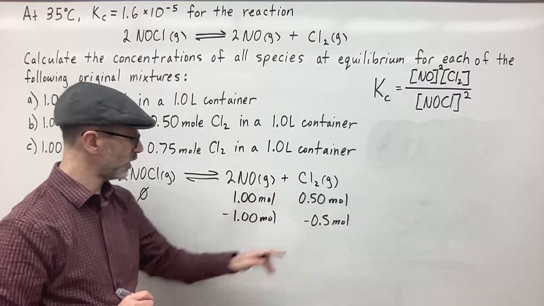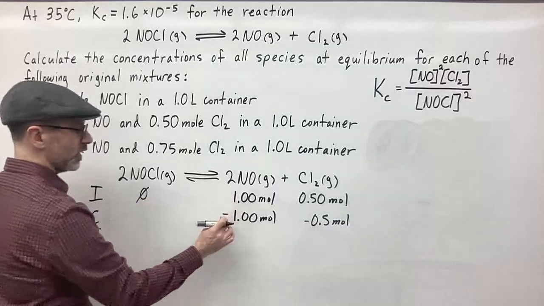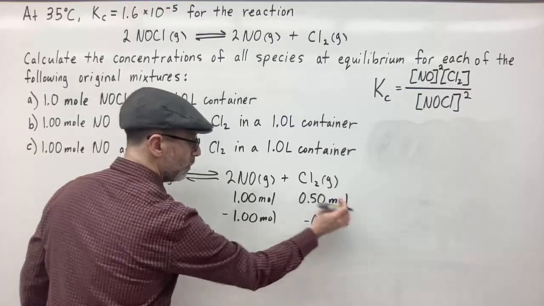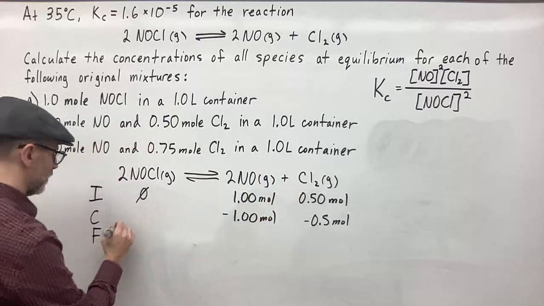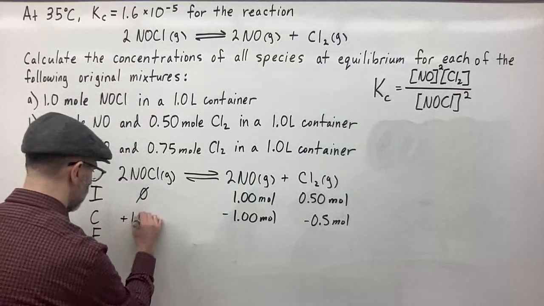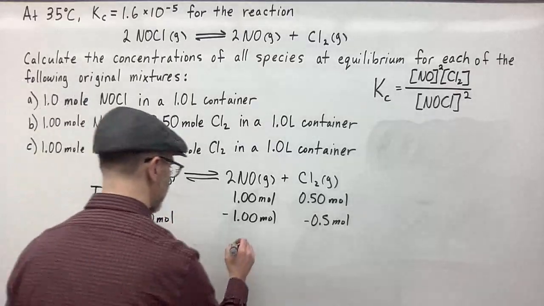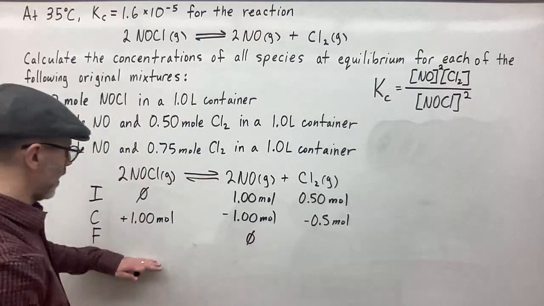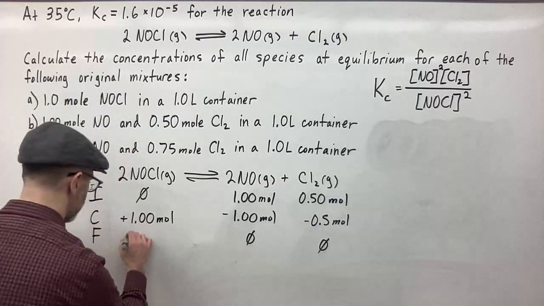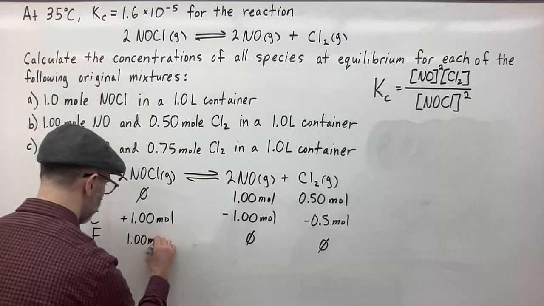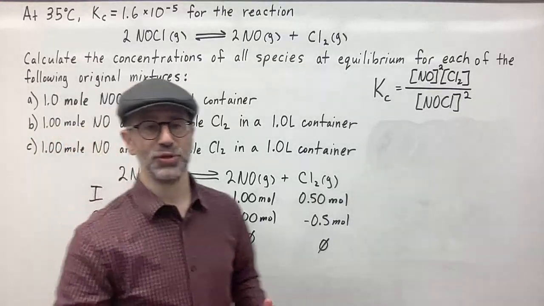So since we are losing 0.5 moles here, and this is 2-to-1, we're also going to gain 1 mole there. So we end up with 0 here for the final amounts after the reaction goes to completion, and we're going to end up with 1.00 moles here.